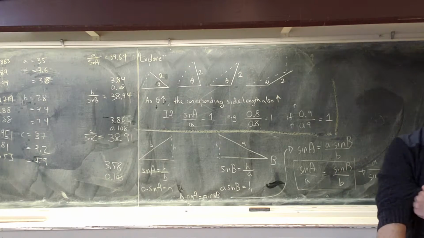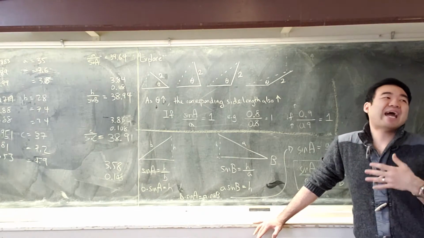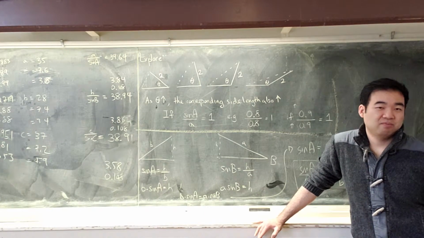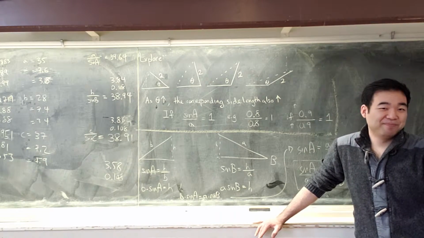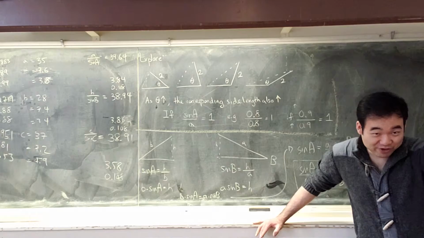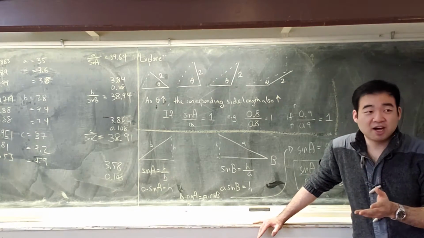A shameless plug into science: if I were to try and prove this happens every single time, what would I have to do? You would have to do it with every single triangle out there. Do you want to do that? Probably not.